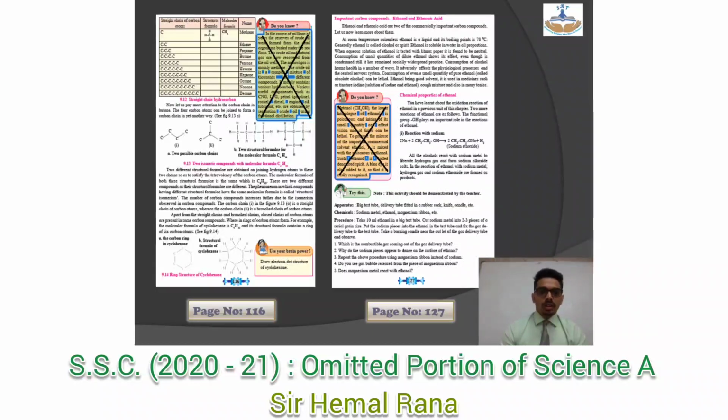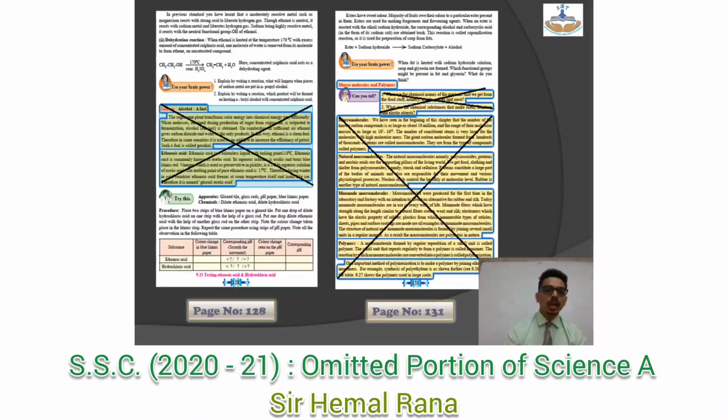Then coming to your page number 116. Now on page 116, we do not have this particular part, do you know. On page 127, we do not have do you know. Then come to page 128.